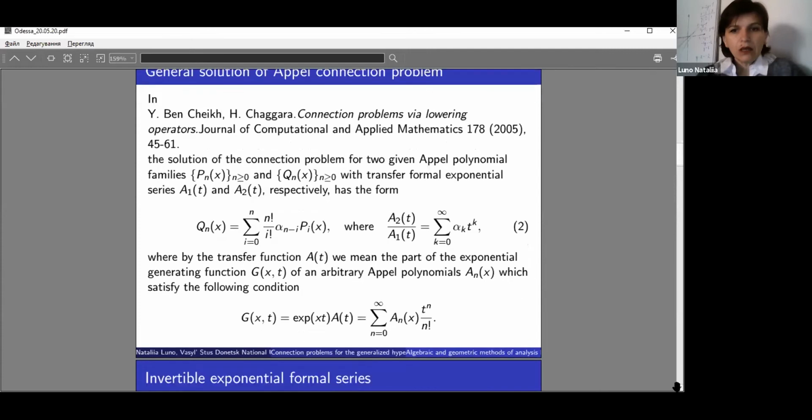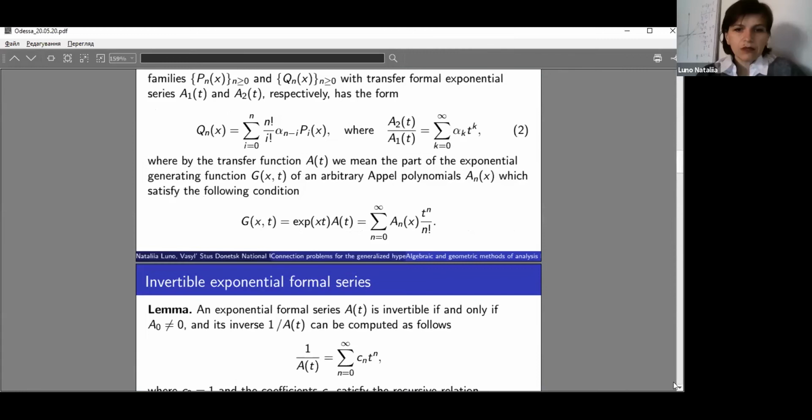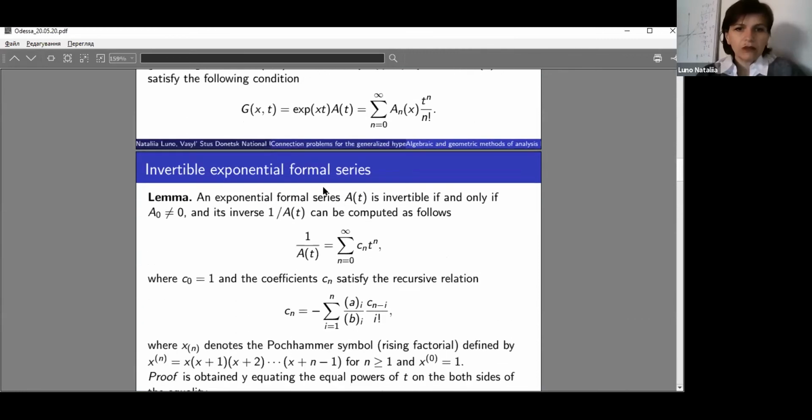Here we call this part the formal power series A of t, a formal function. It is a well-known fact that a formal series is invertible if and only if the first member of this row is not equal to 0.